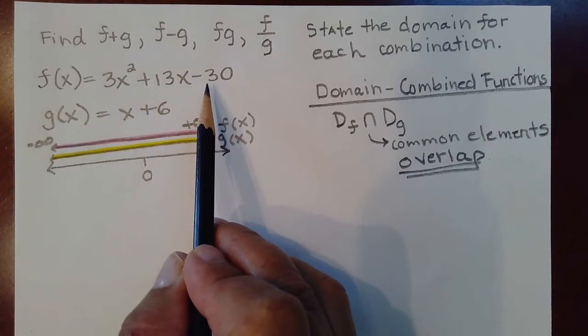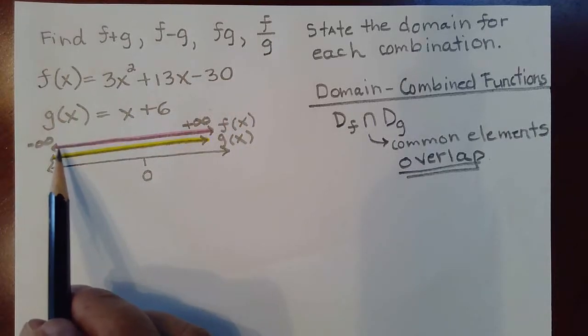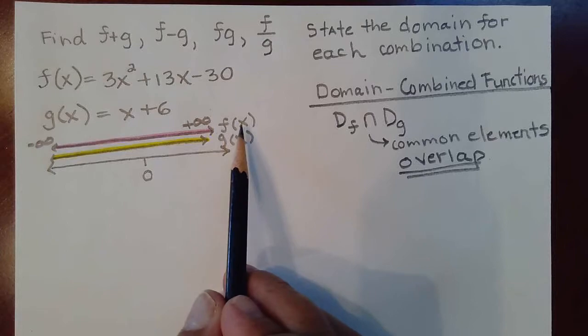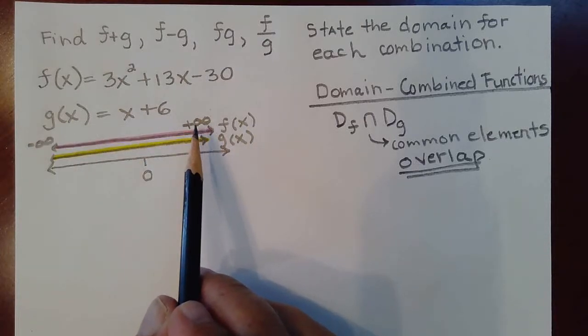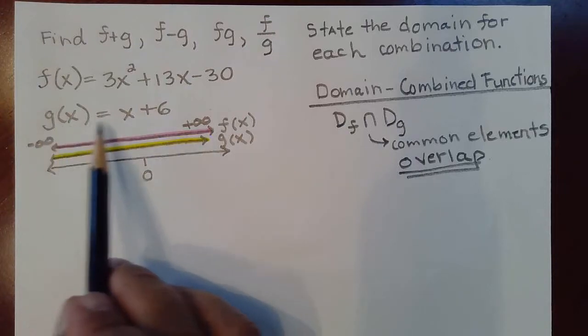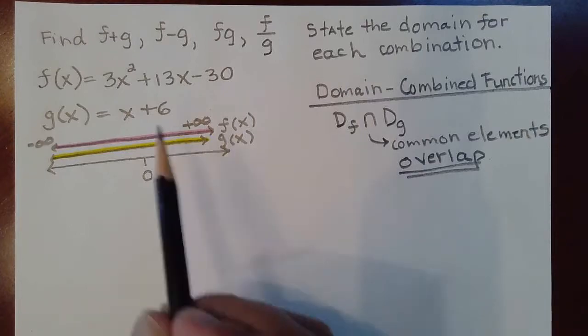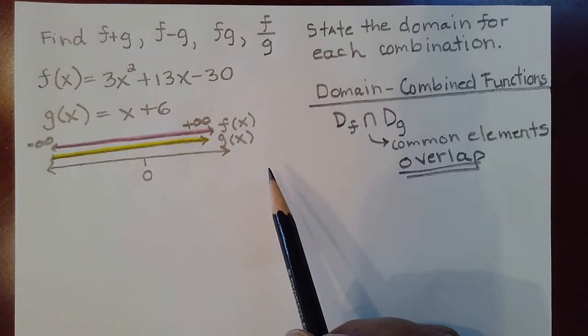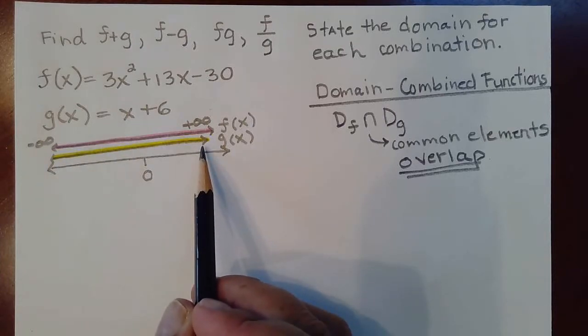So we say that the domain is all real numbers, and I've given you a visual here by graphing it on top of a number line. So f of x is anything from negative infinity to infinity. I've also graphed for you g of x and its domain, which again is a polynomial, just like f of x. It's not a fraction or radical, so there's no restrictions. So it also has a domain from negative infinity to infinity.